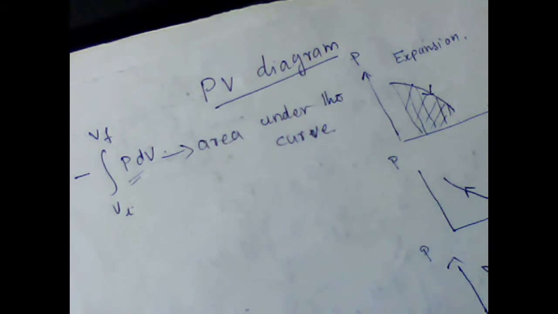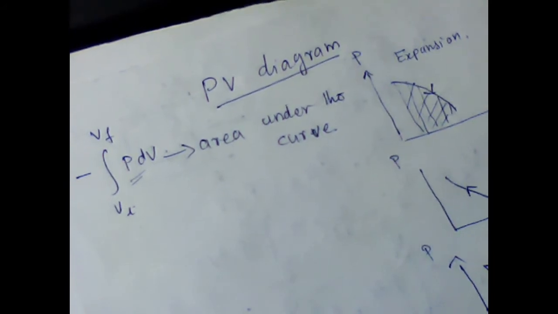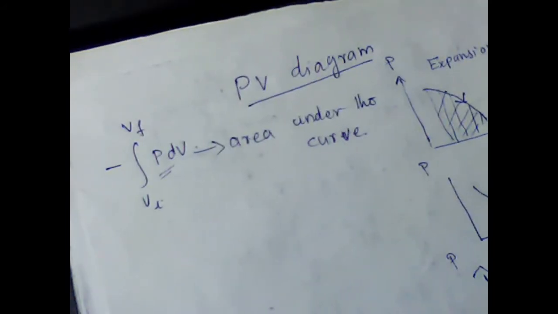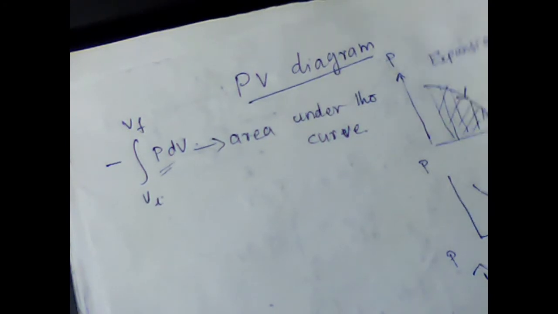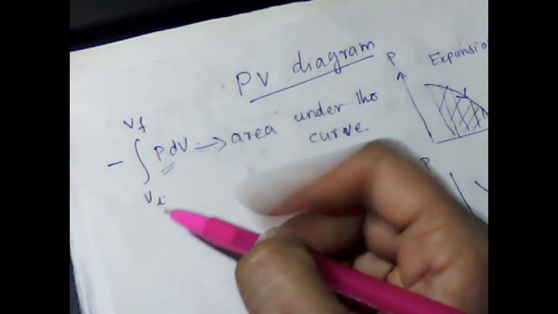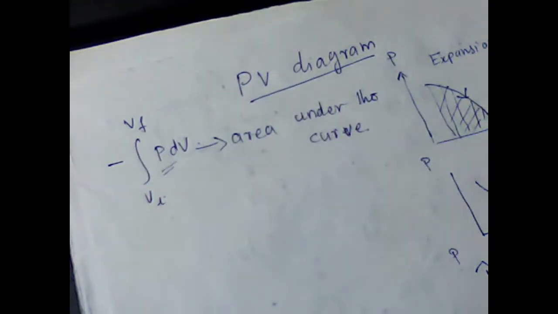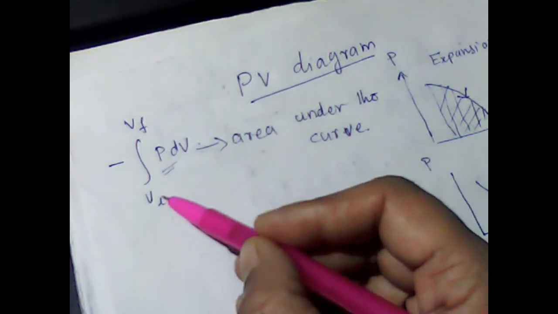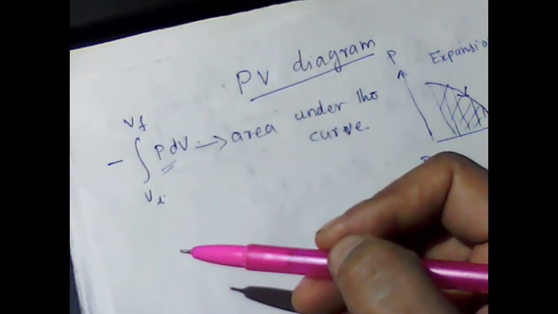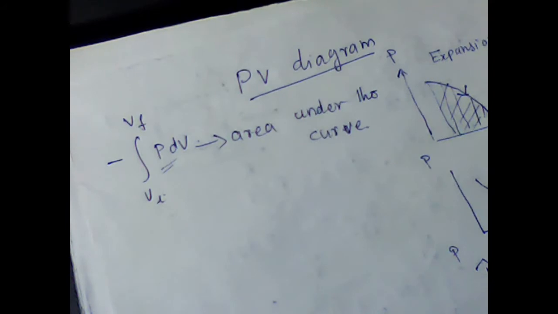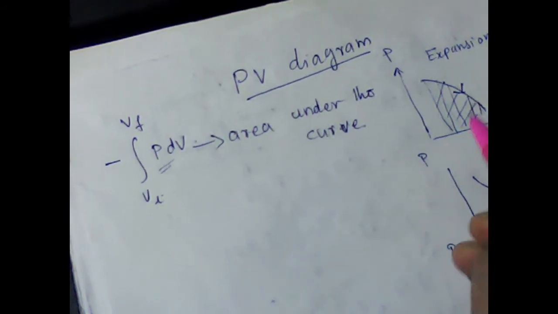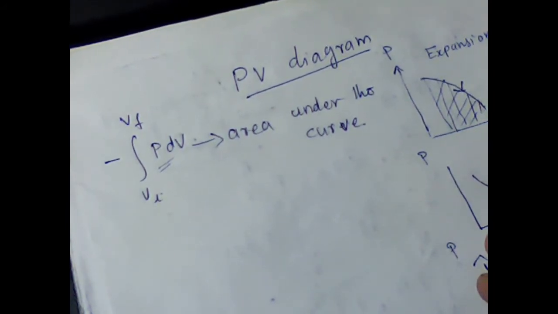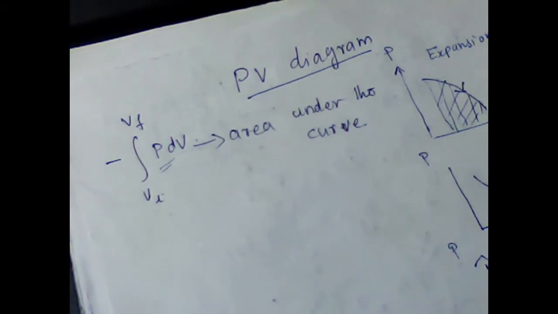Here is expansion. So what will be the work done for expansion? The general equation is minus integral PdV. So for an expansion, what is the change in the volume, Vi to Vf? The change in the volume will be positive because this is an expansion. So the total work done will be negative.